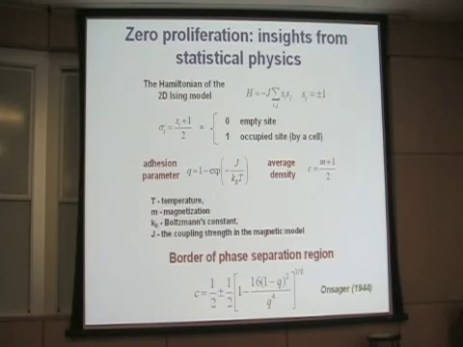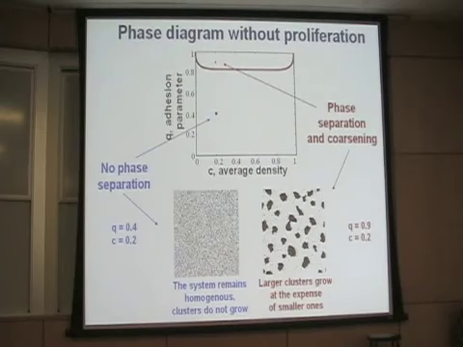An empty site corresponds to spin down. An occupied site corresponds to spin up. Then the magnetization corresponds to the average density, and the adhesion parameter corresponds to the ratio between magnetic coupling and temperature.